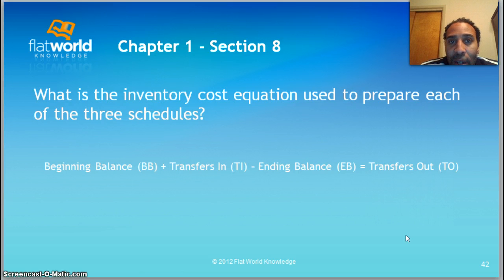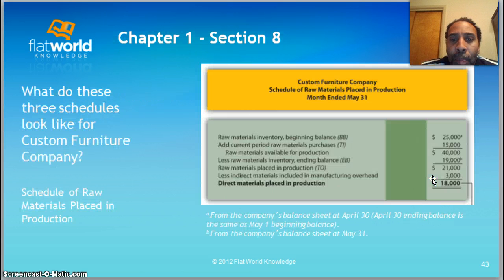So 2,000 minus 1,000 equals 1,000, which is my transfer out, right? If I end up with 1,000 and I had 2,000, that means I transferred out, or sold, an additional 1,000. We'll do some problems with this equation, but become very familiar with it.